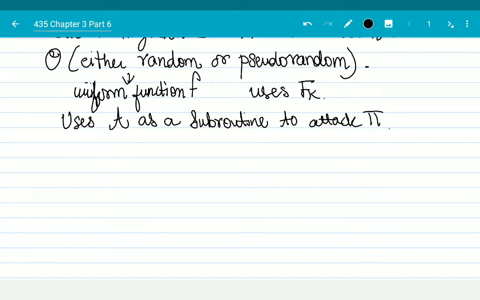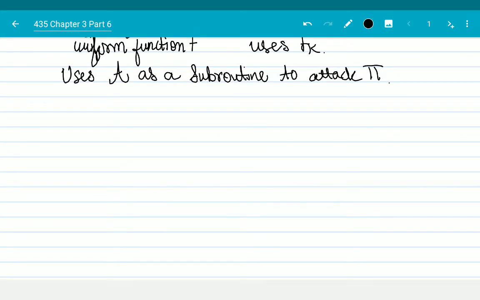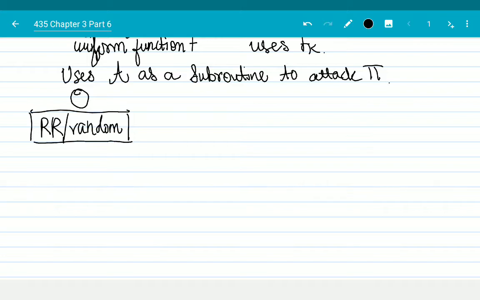So let me draw you a picture and explain in words what is happening. Okay? So I have an oracle O, which is either random or pseudo-random. We do not know. And we are querying it with stuff, right?